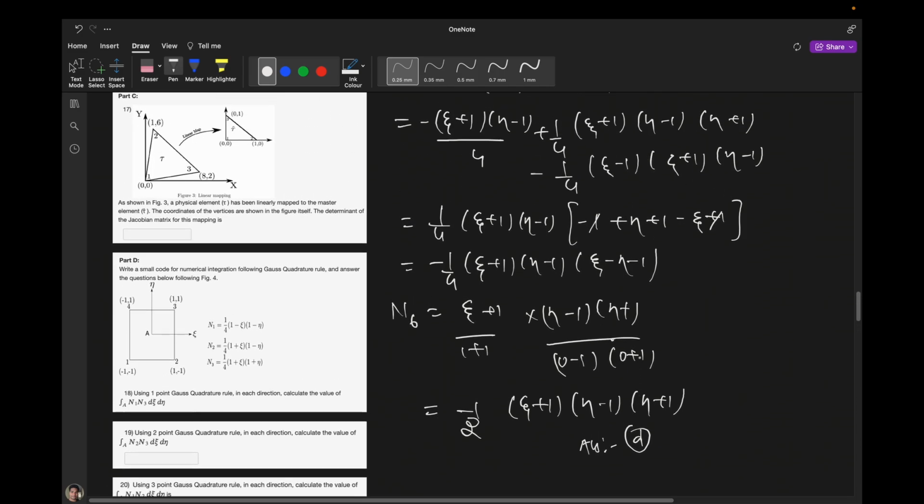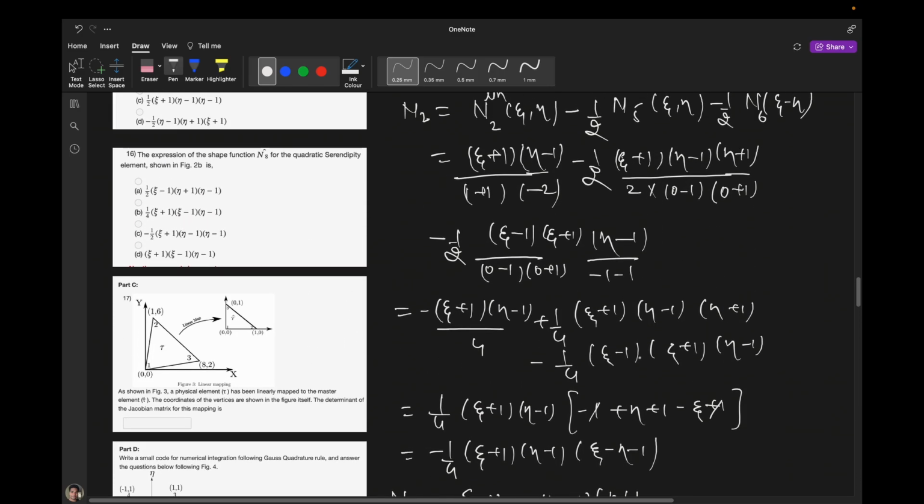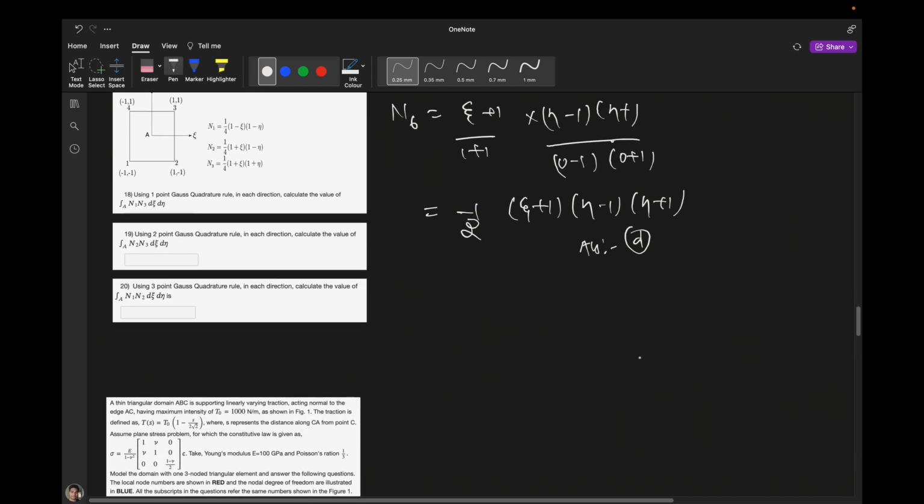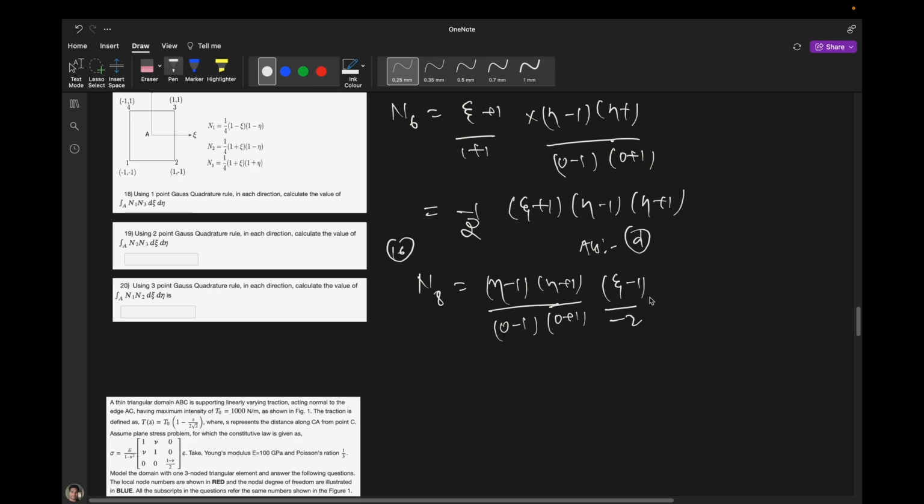Now let's move to the problem 16. It is asking to find N8, and in this case it will be eta minus 1 eta plus 1 divided by 0 minus 1 0 plus 1 xi minus 1 divided by minus 2.